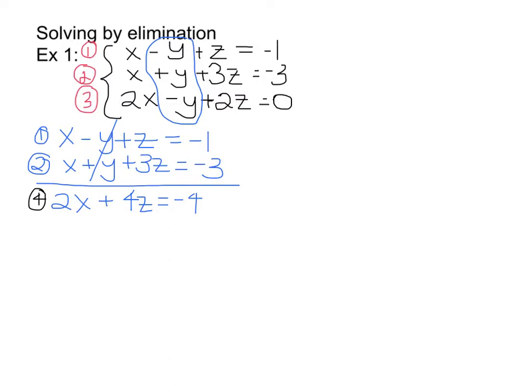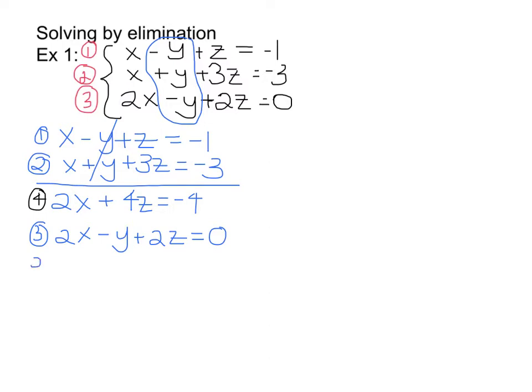Now, since I used my first and my second equation, I have to do something with my third. So I'm going to start by writing down my third equation: 2x minus y plus 2z equals 0. And like I said earlier, you have to make the exact same variable eliminate. So I have -y, so I need to pair it with either equation 1 or equation 2.